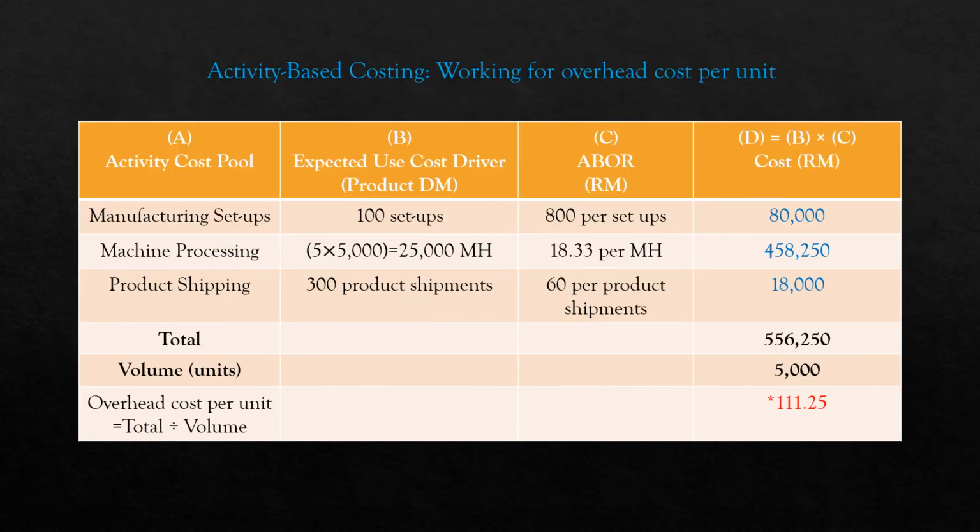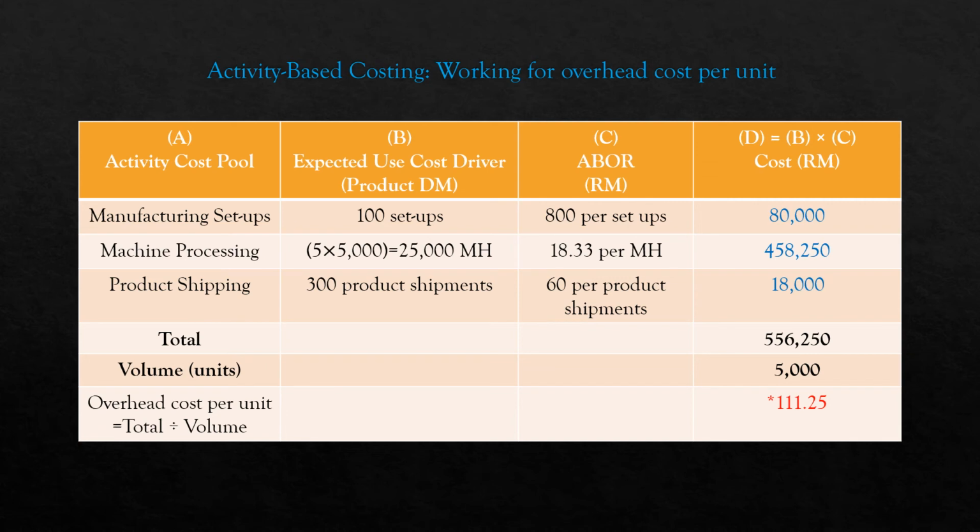This is the working for overhead cost per unit. You can get the overhead cost per unit by dividing the total overhead cost of RM 556,250 by the volume that is equal to 5,000 units.